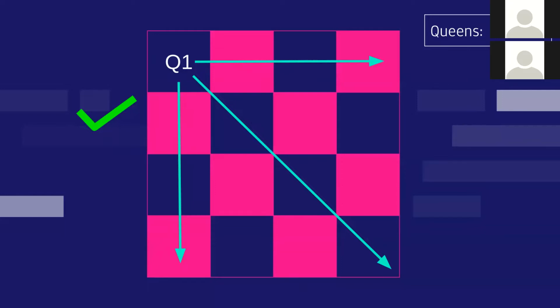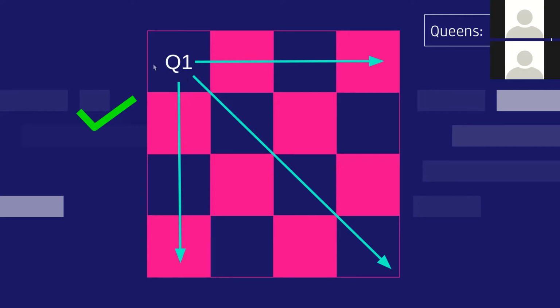So what I do is I place queens one by one. First, I place a queen on the top left corner, q1. The way queens work, if you don't know, is they attack everything. They attack the row that they are in, the column, and the diagonal. So q1 attacks this entire row, this column, as well as this diagonal.